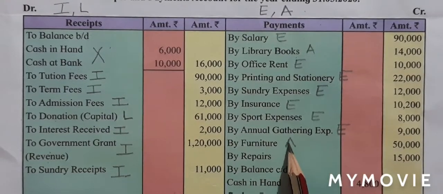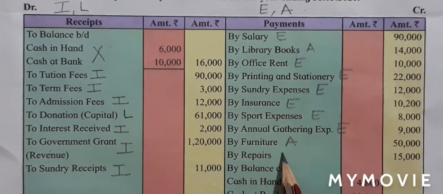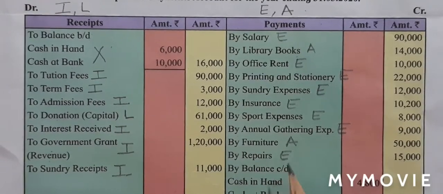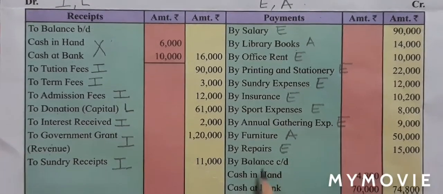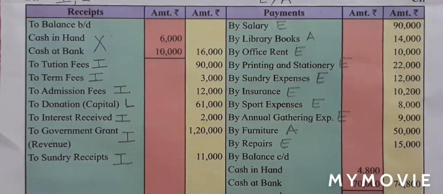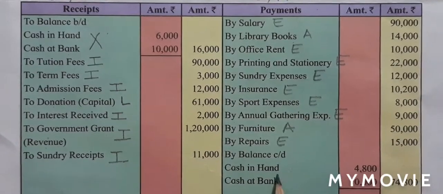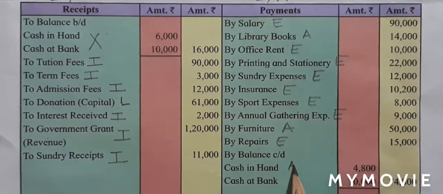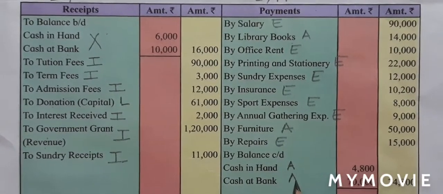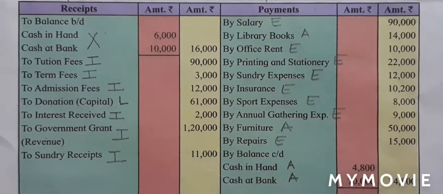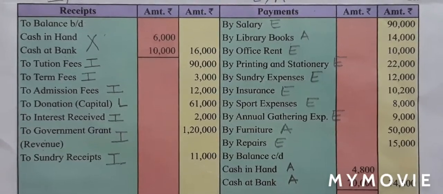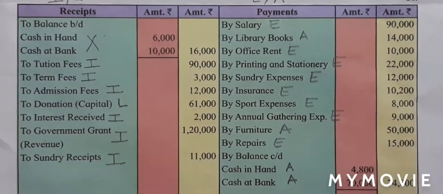Furniture, asset. Repairs, expense. Balance carried down, cash in hand and cash at bank, is my closing balance. So closing balance of cash in hand will be asset and cash at bank will also be asset. So with this, students, we have completed step number 1, identification.